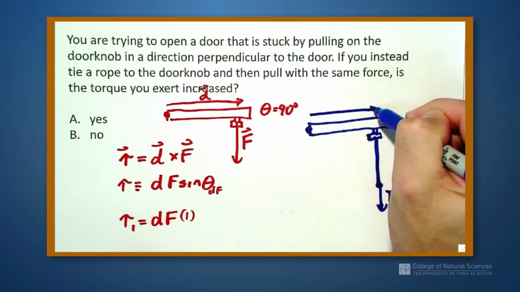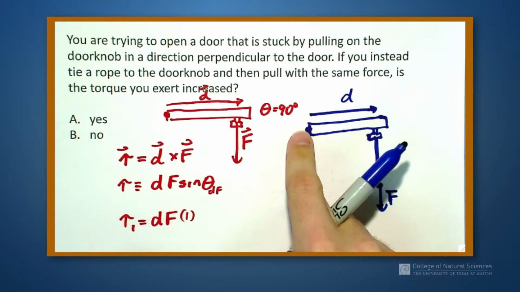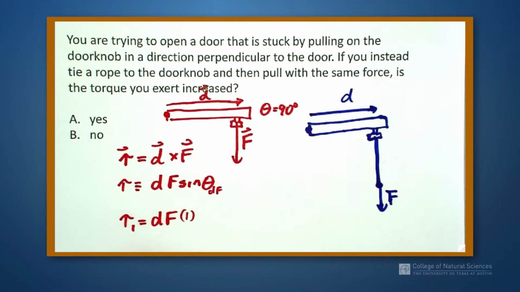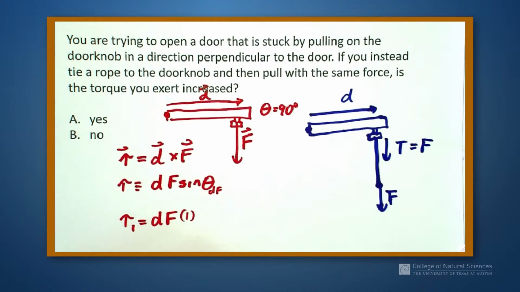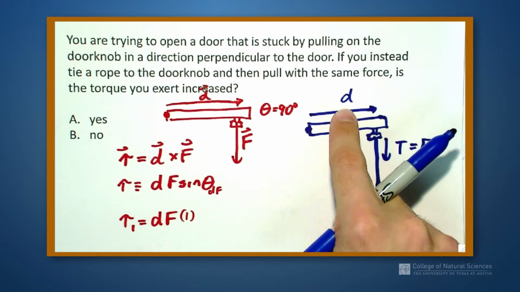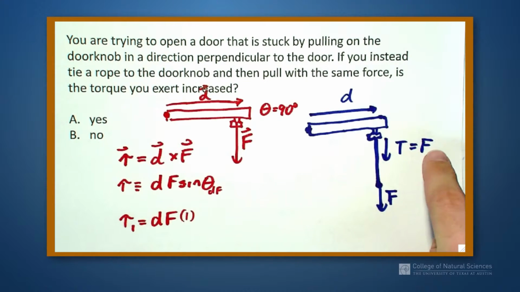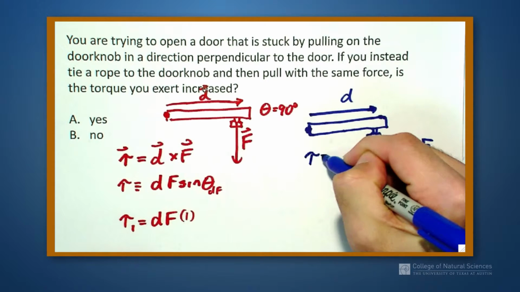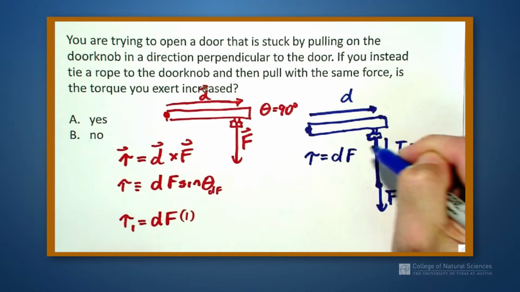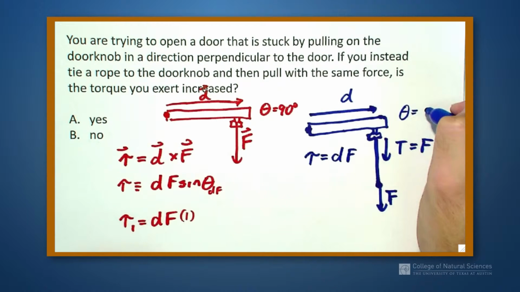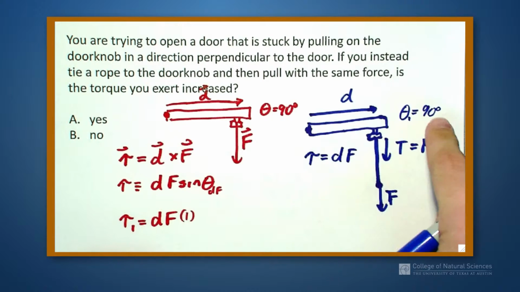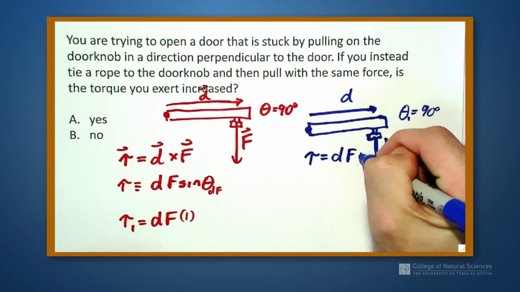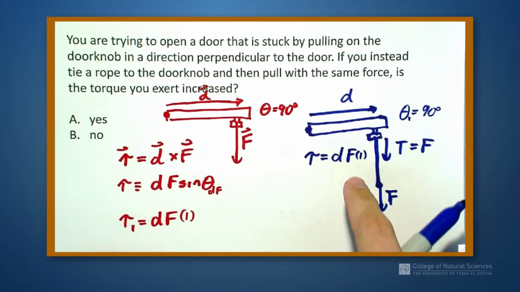First way is that I have a distance to where my string is attached, and the string is providing a tension force, which happens to be equal to our applied force. So in this case, I still have the same d. I have a different force, but it's the same magnitude. So the torque on this one is going to be d times F again. And again, my angle is going to be 90 degrees, and 90 degrees gives us the value of 1 again. So I get the same torque.